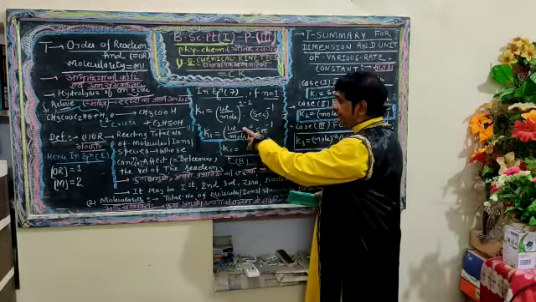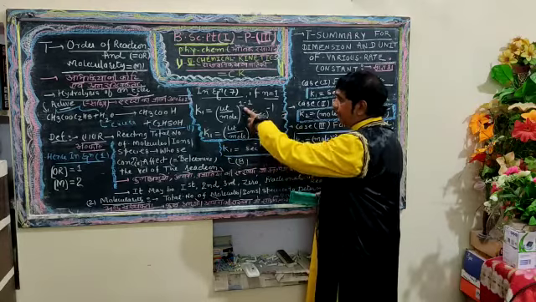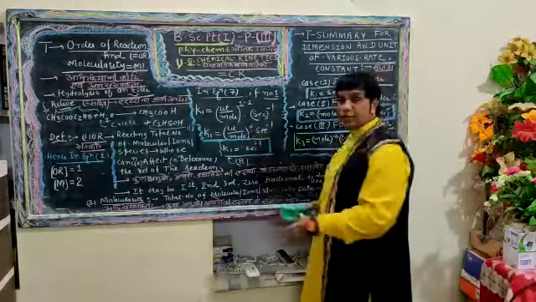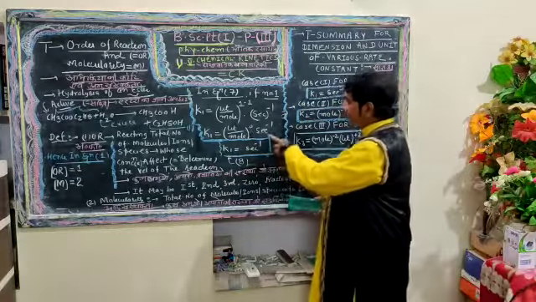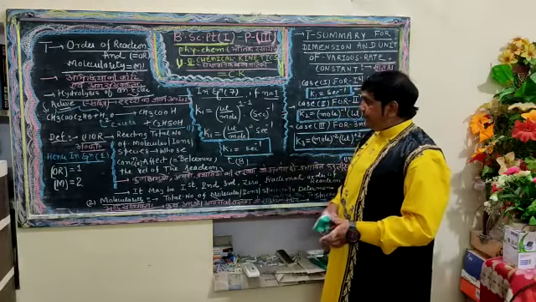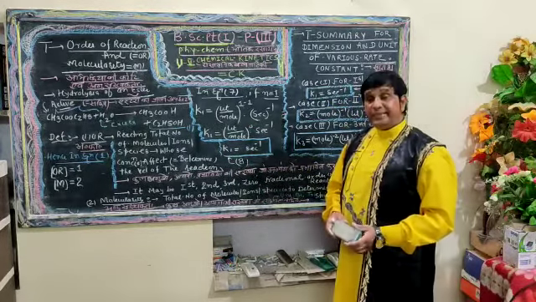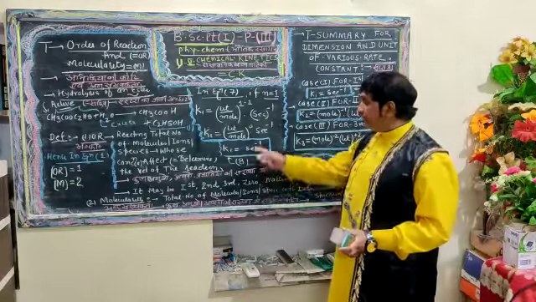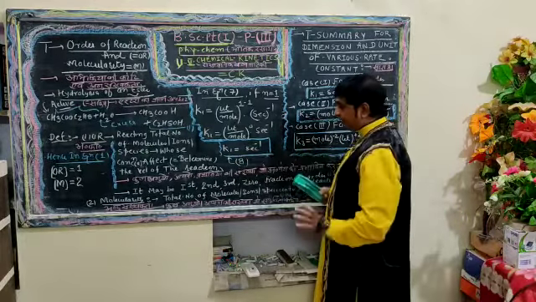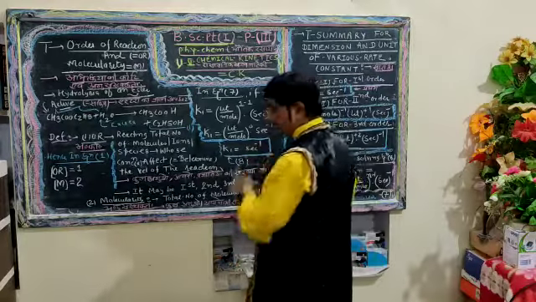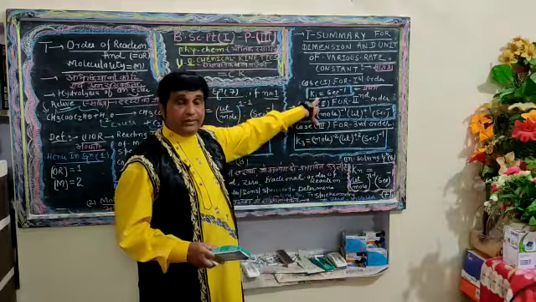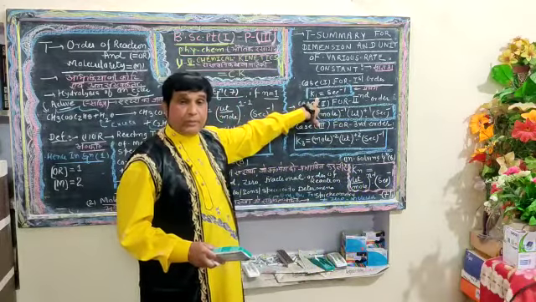Liter upon mole to the power 0 is unity, and finally K1 equals second minus 1. Check from this equation, K1 equals second minus 1.